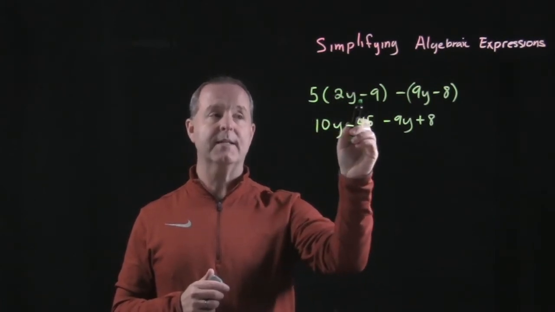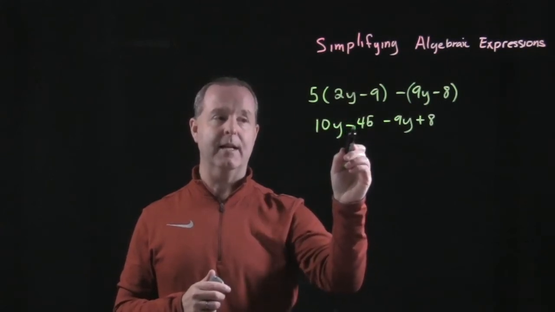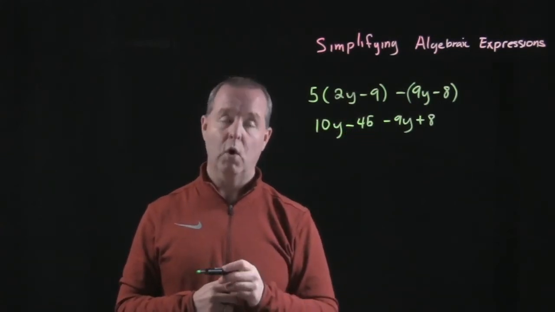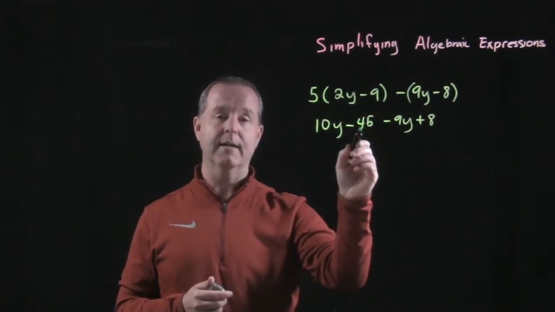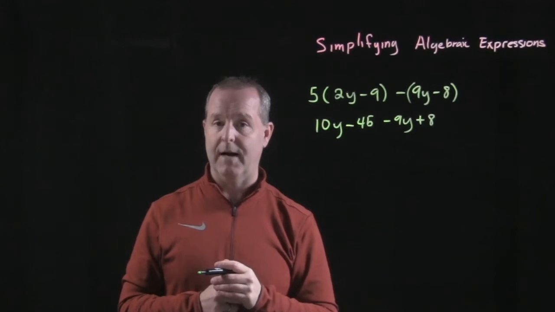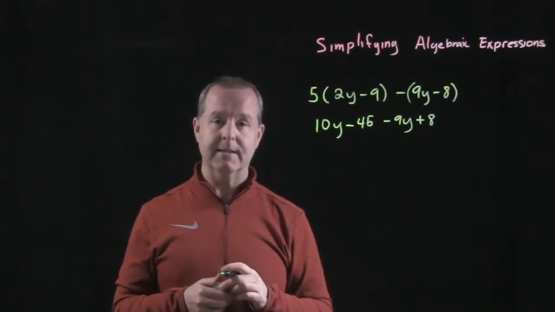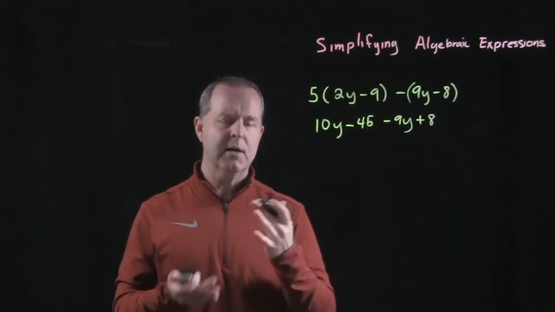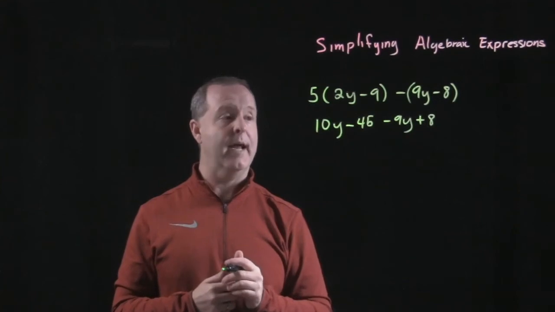Then I could have treated this as a negative 9. 5 times a negative 9 makes a negative 45. Or I could have left it as a subtraction and just did the 5 times a 9. That I would have got to subtract a 45. So that's something that we're going to wrestle with, is understanding the similarity between those two ideas so they become second nature to you. All right, we can collect our terms now.